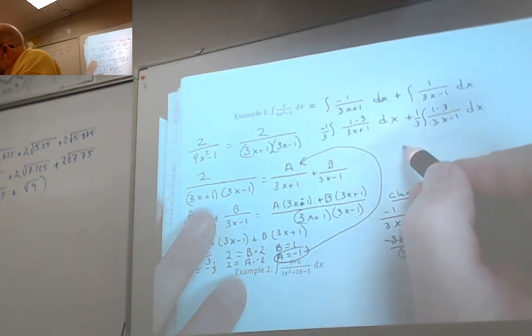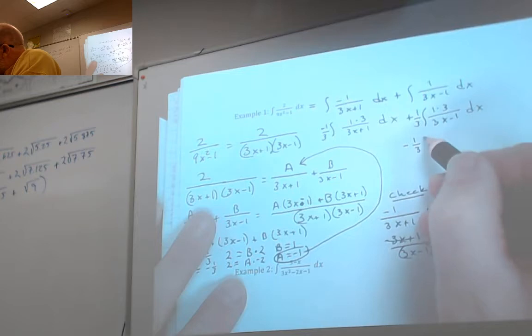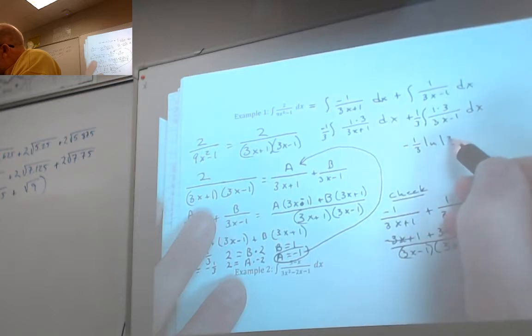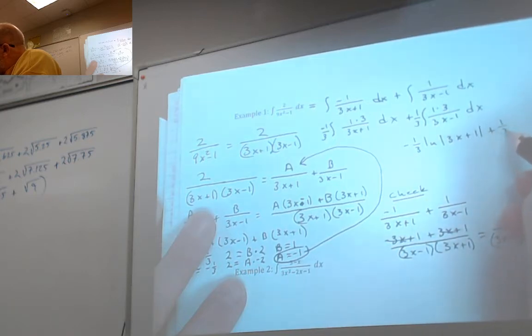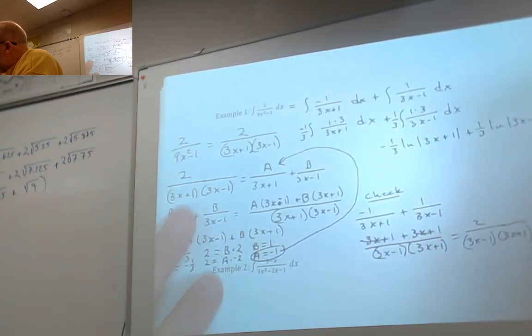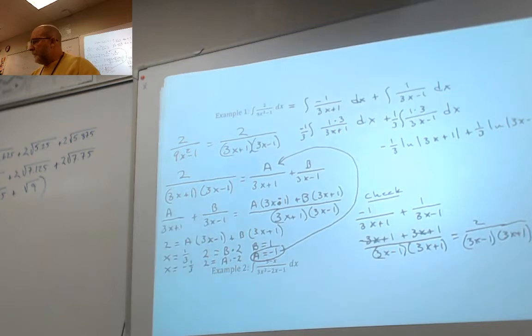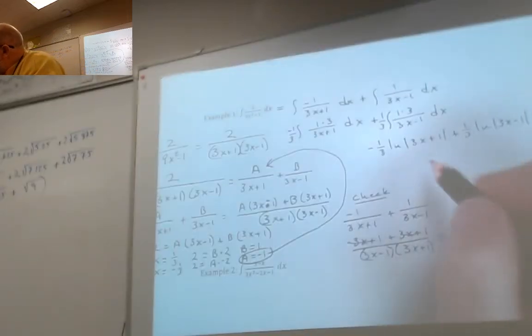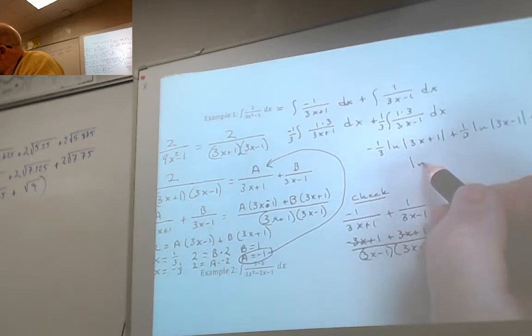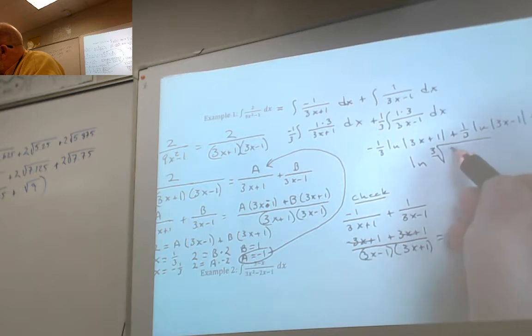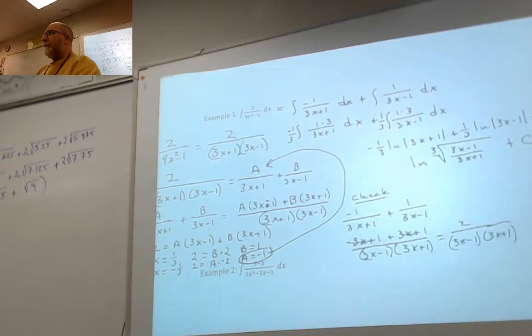So this gives me a negative 1/3 natural log of 3x plus 1 plus 1/3 natural log of 3x minus 1 plus c, which means I could write this as the natural log of the cube root of 3x minus 1 over 3x plus 1 plus c. Is that too big of a jump?